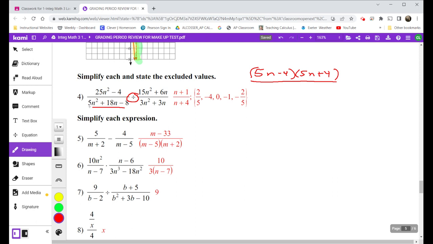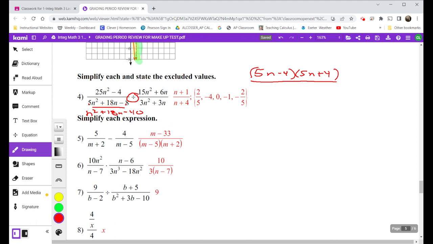And then I'm going to factor this bottom one right there. So this is a little different. Let's rewrite this down here. It's going to be 5n squared plus 18n minus 40. So this one here, I just multiplied 5 times 8 to get this problem here. This is 18 right there.